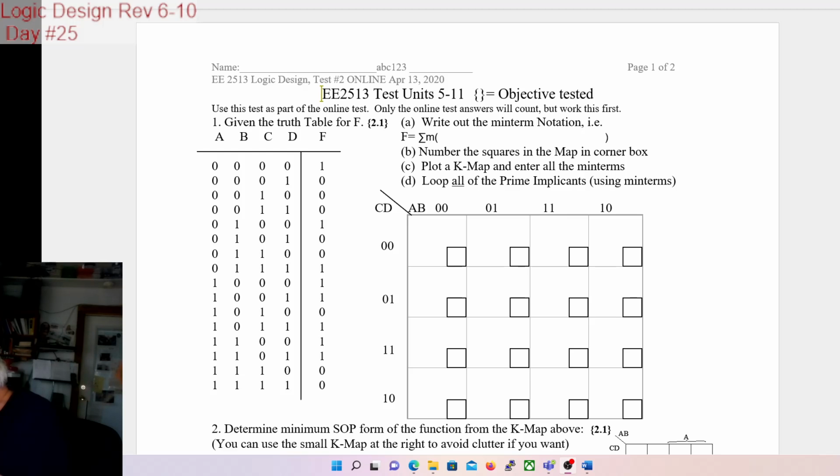And then this dotted group of 2 is going to be, and we should definitely dot this one as well because it's also non-essential. So that is going to be A prime, B prime.